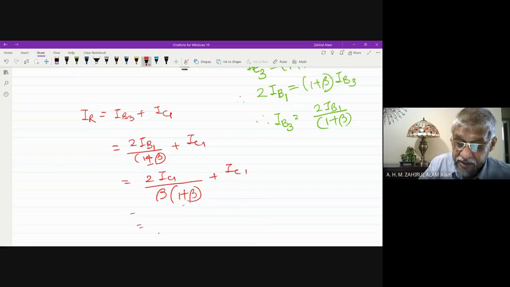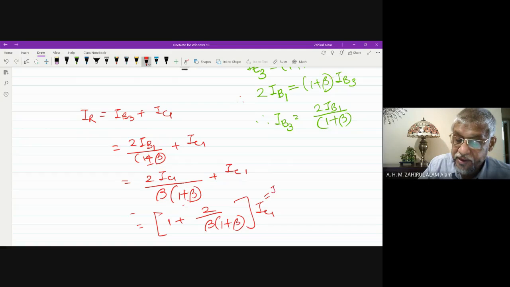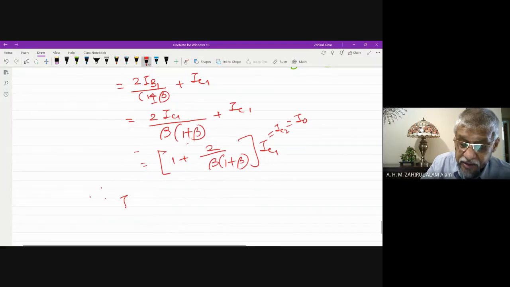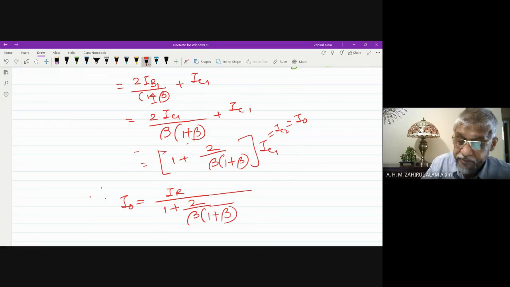So I can write 1 plus 2 over beta, 1 plus beta, times IC1, which is equal to IC2, which is equal to I naught. So therefore, I naught equals IR over 1 plus 2 over beta times 1 plus beta.